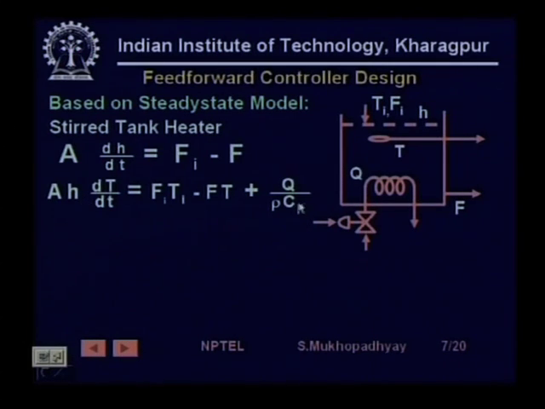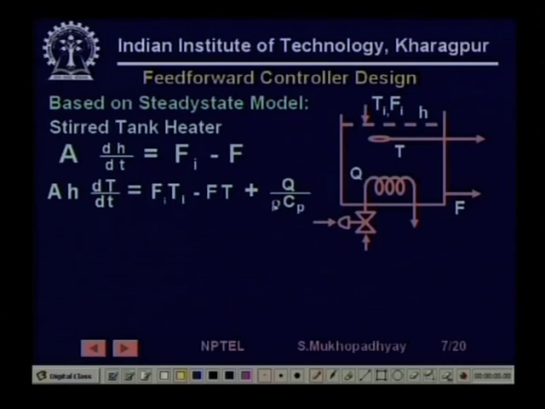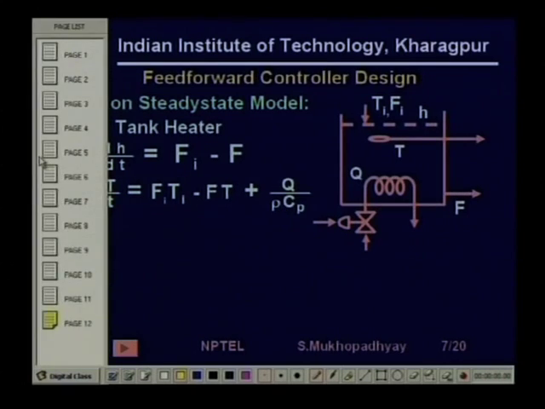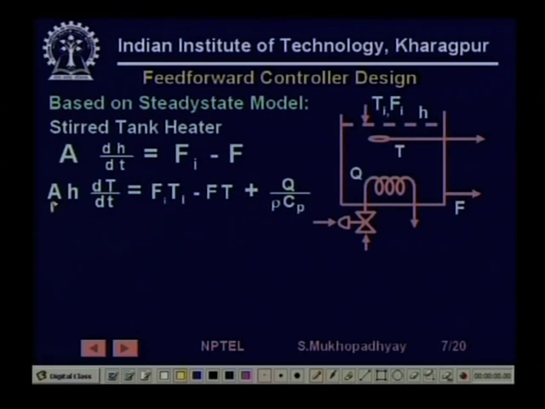If you multiply by rho Cp on this side, you will find that the inlet enthalpy is rho Cp Fi Ti. We can understand this, because if you multiply you will get a rho Cp here, a rho Cp here, and a rho Cp here.